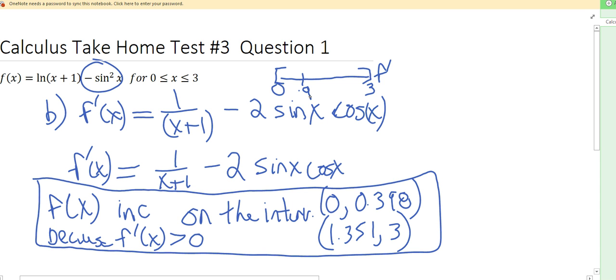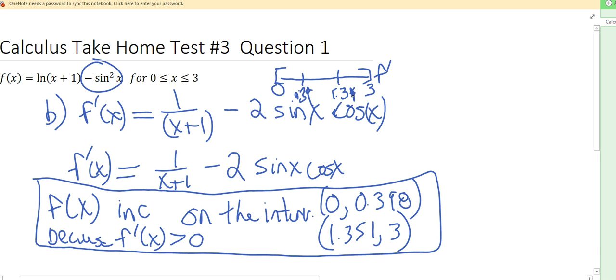I'll just put a 0.9 there. And then we had another one at 1. Well, that's the original 0. I'm sorry. We had 0.398. Alright. So we have one at 0.398. And then we had another one at 1.351.